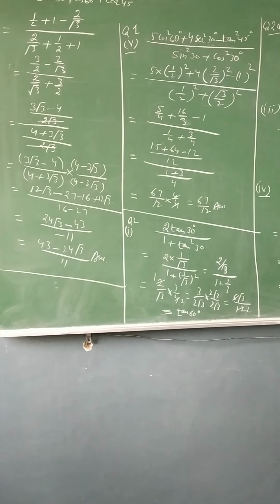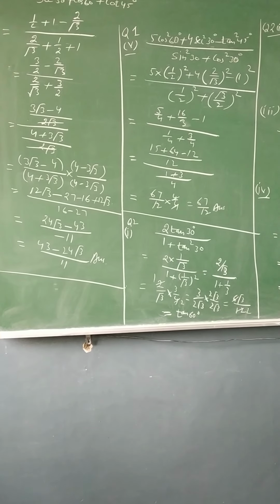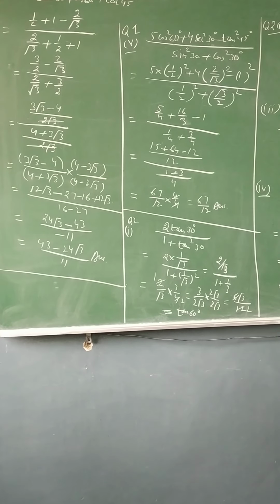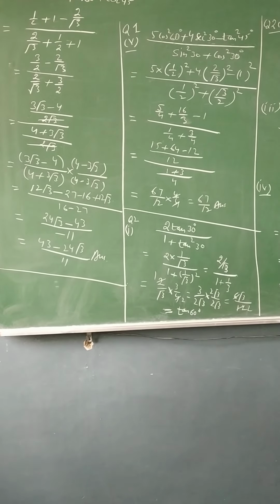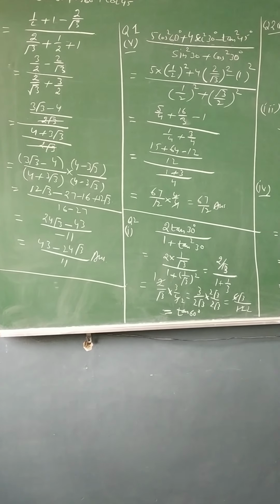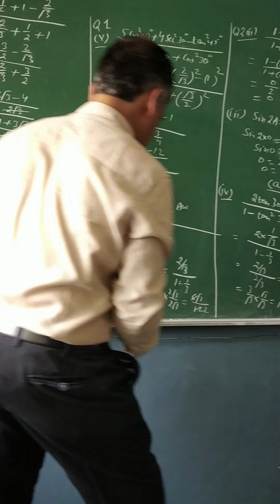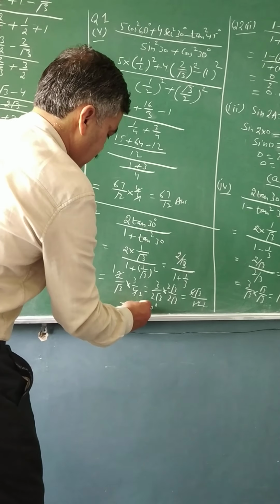So root 3 upon 2 is the value of sin 60. So option A is the correct option. So sin 60 will be the answer for this. Please do this correction. It should be sin 60, not tan 60.